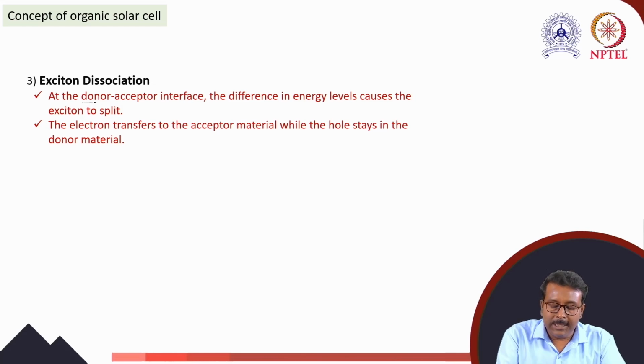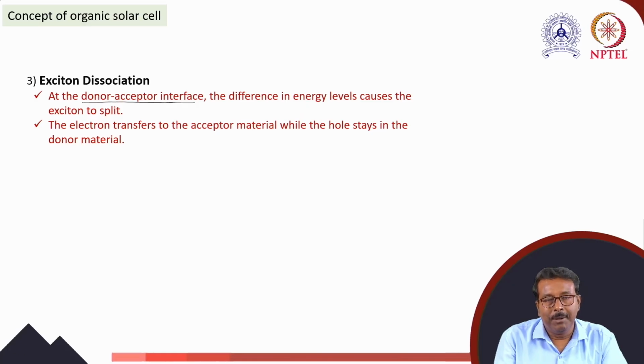At the donor-acceptor interface, in a single compound material where donor and acceptor are mixed, there are some locations where you get donor-acceptor interfaces within the bulk heterojunction itself. There is an energy level difference between the donor and acceptor.